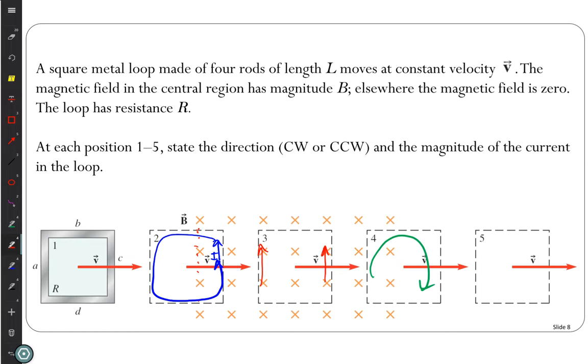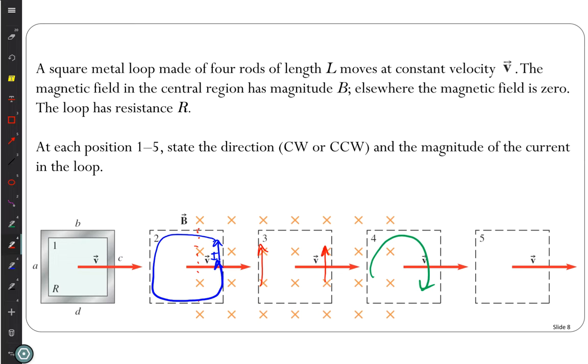Now let's look over here. The magnetic field is still into the slide. But what's happening to the strength of the magnetic field? It's decreasing. So what direction is the flux changing? It's changing in the outward direction because it's getting weaker in the inward direction. So my induced EMF is trying to maintain the status quo.